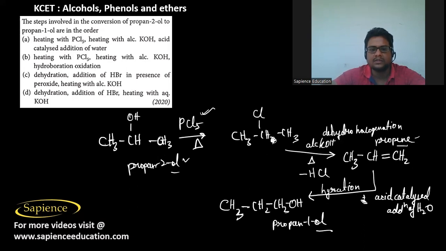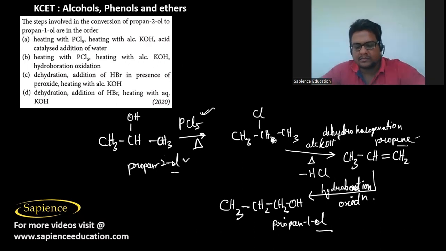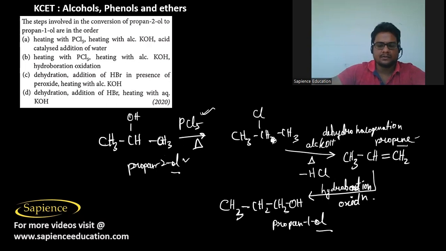So here we should use hydroboration oxidation. Sorry, there was something wrong here. Hydroboration oxidation should be used here. Then only it will form propan-1-ol. So option B is the correct answer.